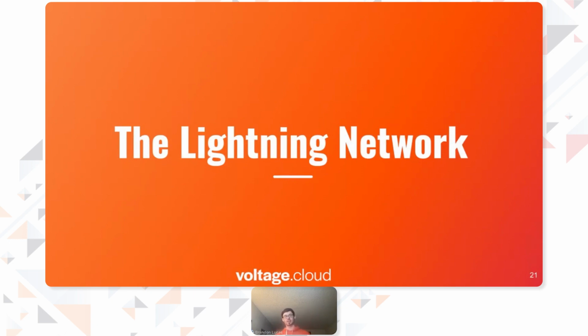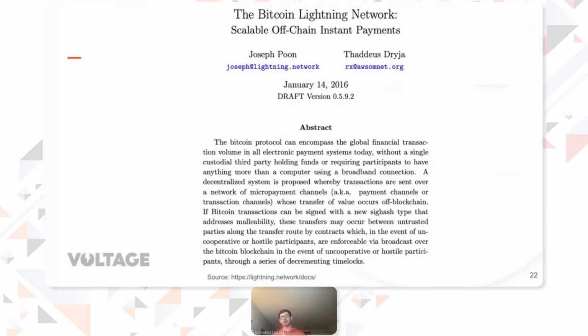The Lightning Network was introduced around 2015, 2016, or the paper was released around that time. One interesting thing to highlight is that they talk about a decentralized system whereby transactions are sent over a network of micropayment channels, aka payment channels or transaction channels.